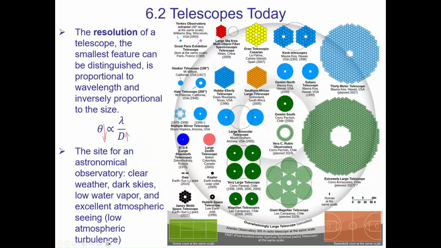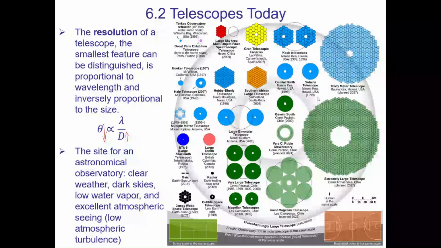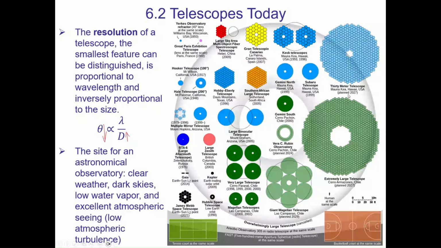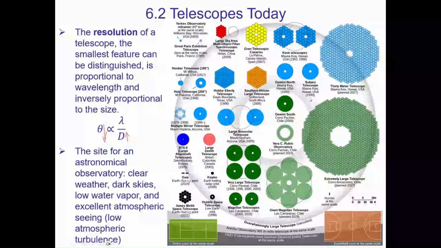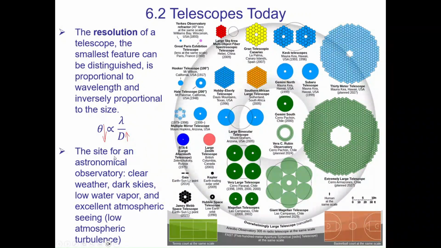So therefore, you can see from the location, you cannot just put those big telescopes randomly in the center of a city or in a random location. The reason they select these special locations is because for an astronomical observatory, we need clear weather. You know that if it's cloudy, you cannot really see any star. And we need a dark sky.